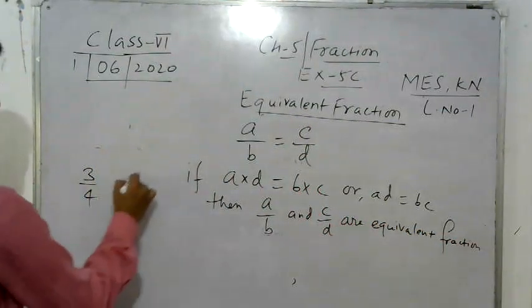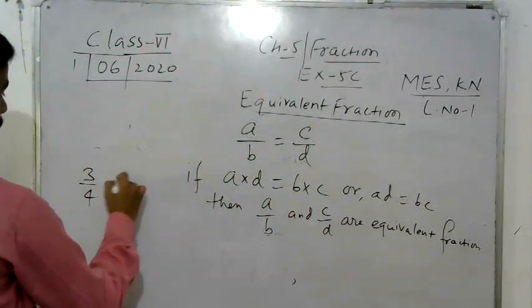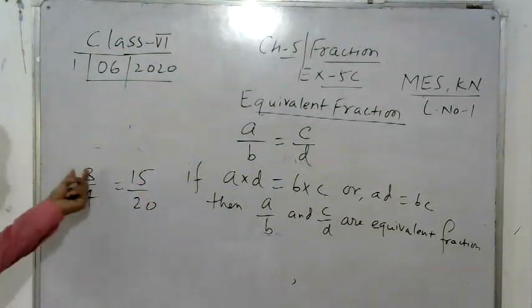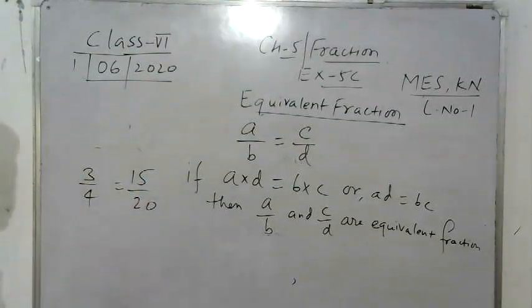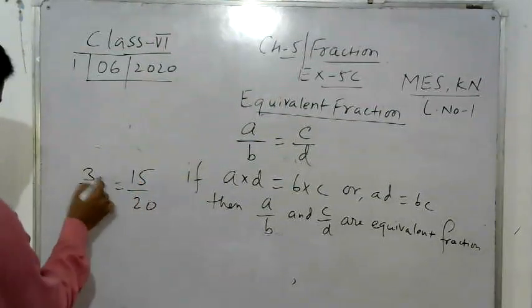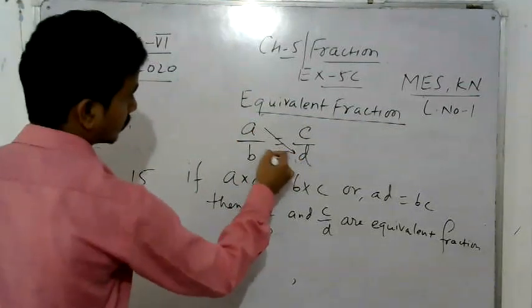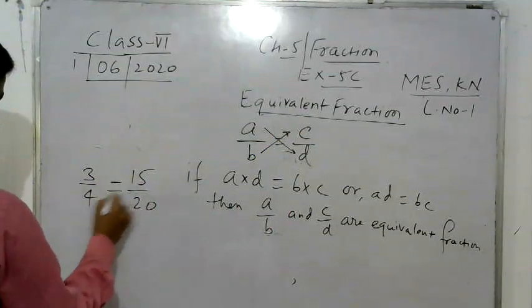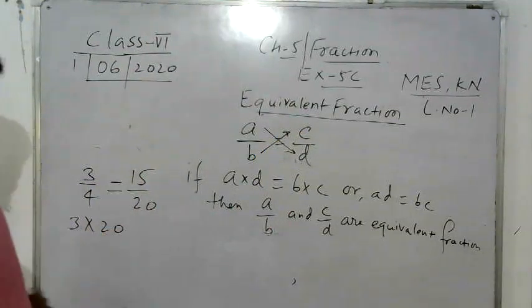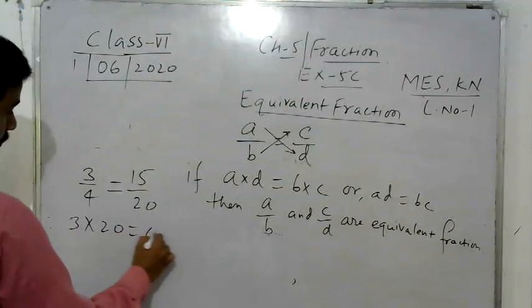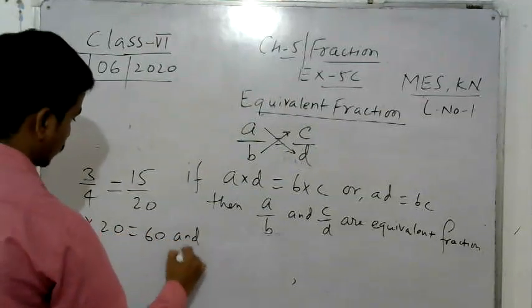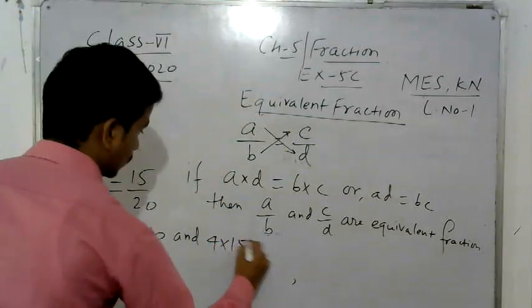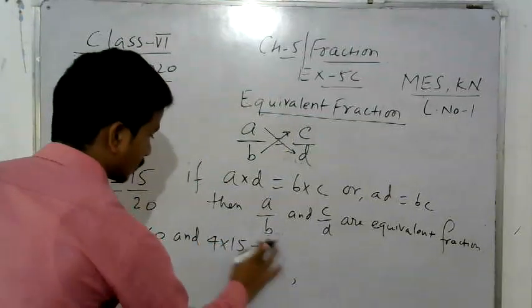Okay, you can check. Suppose I have to check whether 3 by 4 is equivalent to 15 by 20 or not. Just multiply this and then this. 3 into 20, what is 3 into 20? 3 into 20 is 60, and what is 4 into 15? 4 into 15 is also equal to 60.